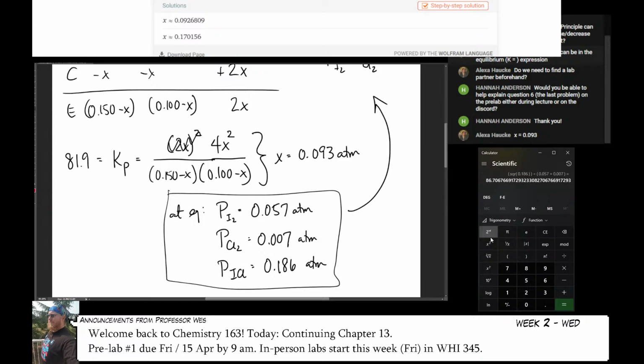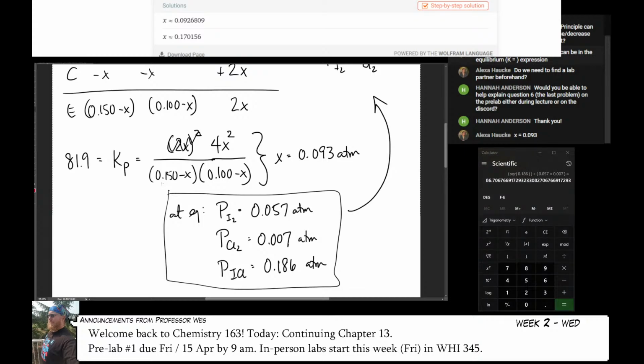I have a number with one significant figure there for Cl2, because 0.1 minus 0.093 gives me 0.007. If I had more digits, I would get a closer answer. I was off by less than 10%, but that's kind of expected when you only have one sig fig. So our answer checks out.